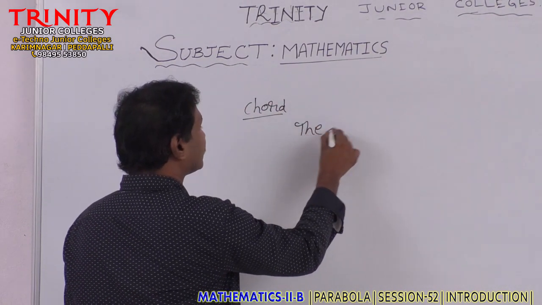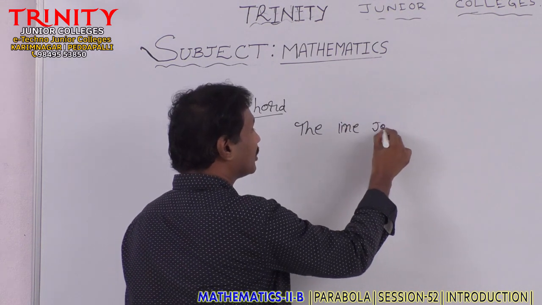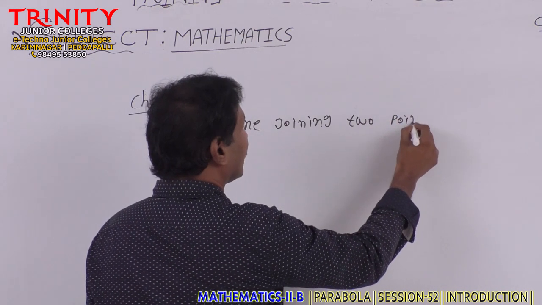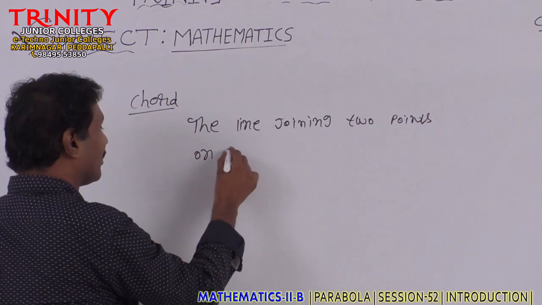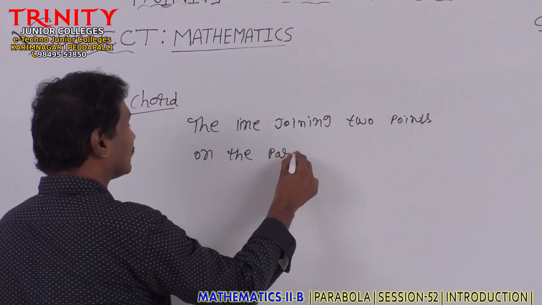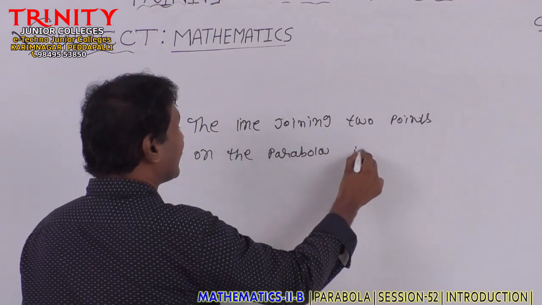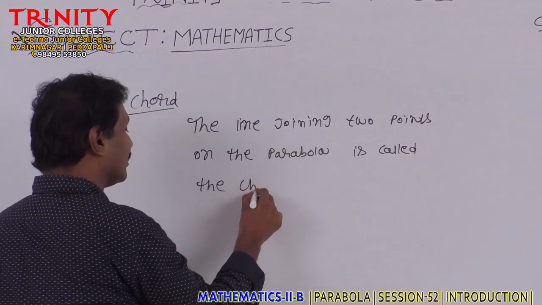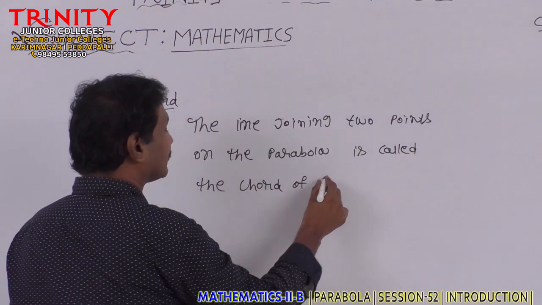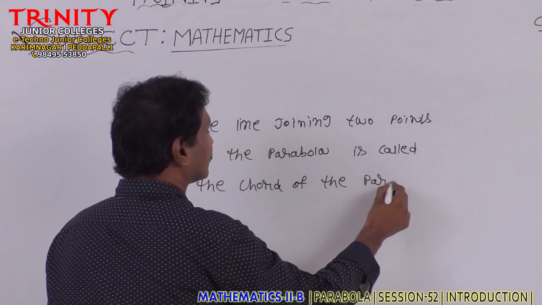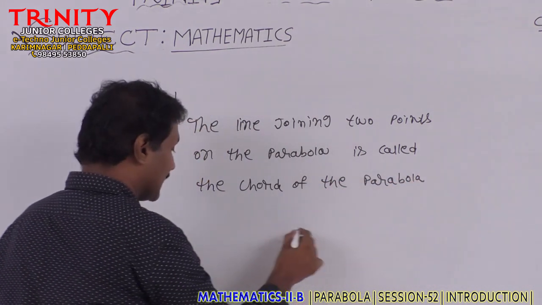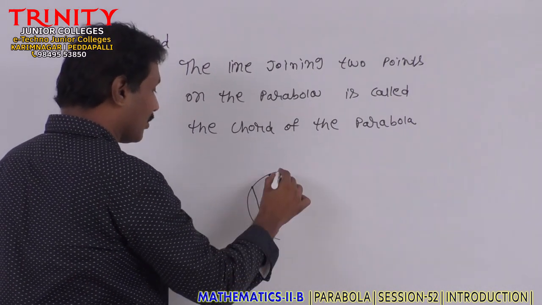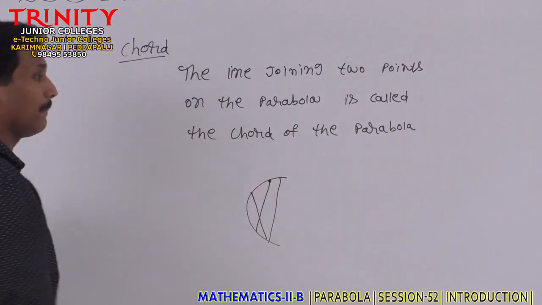The line joining two points on the parabola is called the chord of the parabola. Suppose this is the parabola. The line joining any two points on the parabola is called the chord of the parabola.